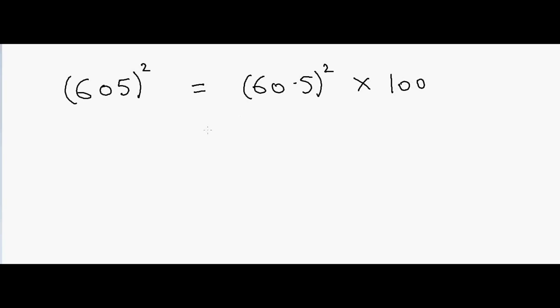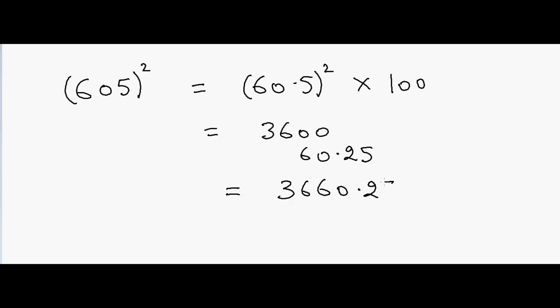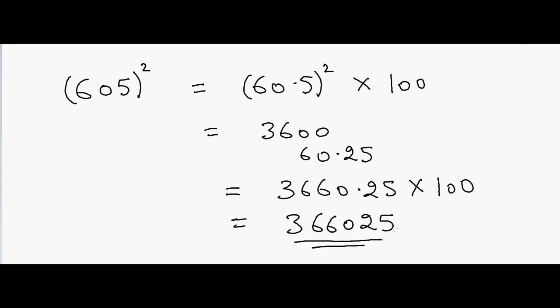And we know how to do 60.5 square, so that should be equal to 60 square, this is 3600, plus 60.25, so that will give me 3660.25 into 100, or multiply by 100, so that will be equal to 366025. That will be the answer.